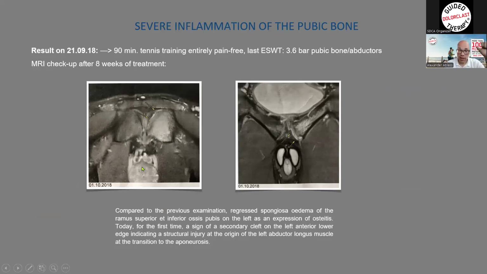Pain-free tennis player. We could increase the load pain-free. And after 8 weeks of treatment, we did the check and he already could play one of the first matches and one ATP point. We can, of course, still see the reaction in the pubic bone, but I'm not treating the picture, the MRI picture.